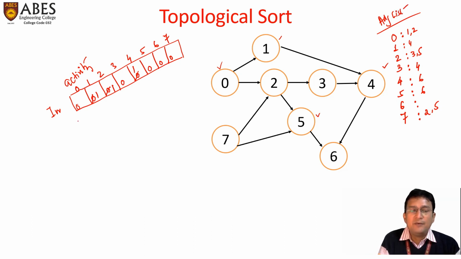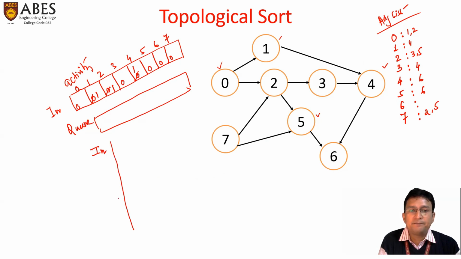After this, we will have to take a queue. And the queue must be of the same size as the number of vertices. Let's say that we have represented the in degree of each of the vertices here. Let's say the vertices are 0, 1, 2, 3, 4, 5, 6, and 7. The in degree of 0 is 0. In degree of 1 is 1.